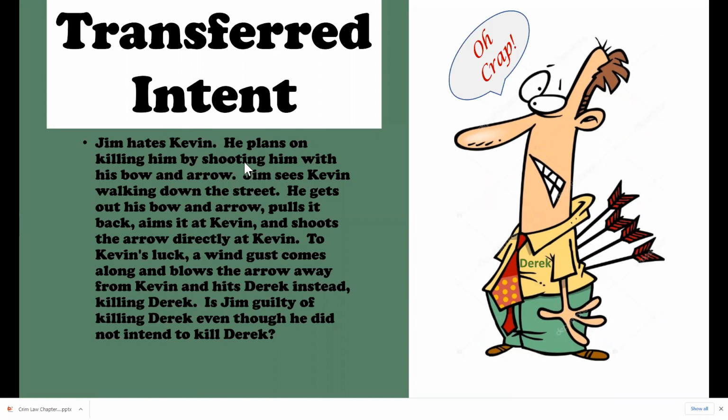We're going to transfer the intent that Jim had for killing Kevin, and transfer it now for Jim killing Derek. So even though he really did not intend to kill Derek, we're going to transfer that intent for Kevin onto the intent for Derek. And now Jim would be guilty of killing Derek because the intent transferred.